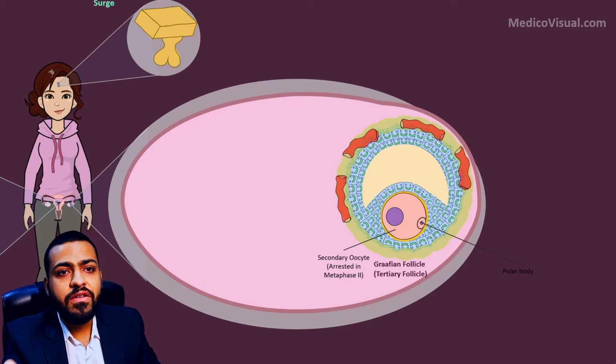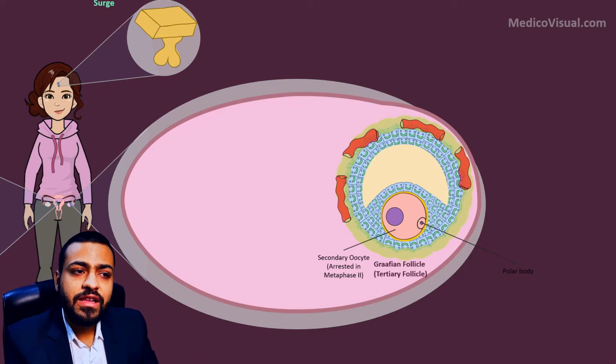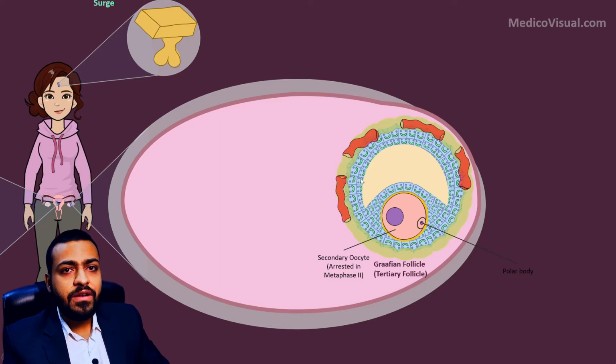If this secondary oocyte completes meiosis 2 as well, then what will it become? It will become the first oocyte, and then it will mature into the ovum, the mature ovum, right? So a very important role of LH is to release the arrest.